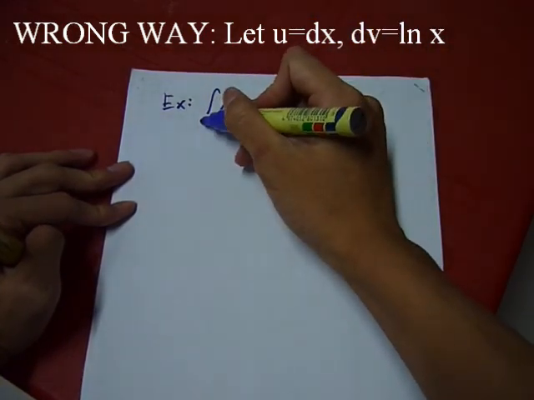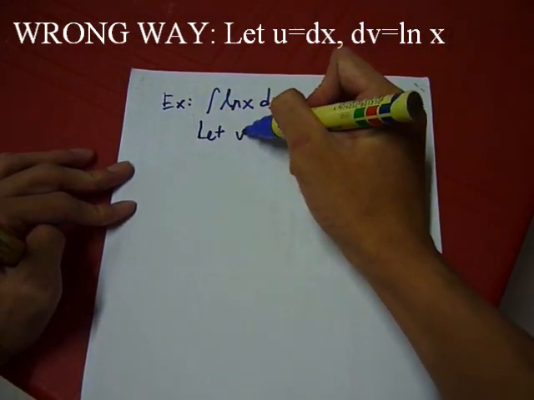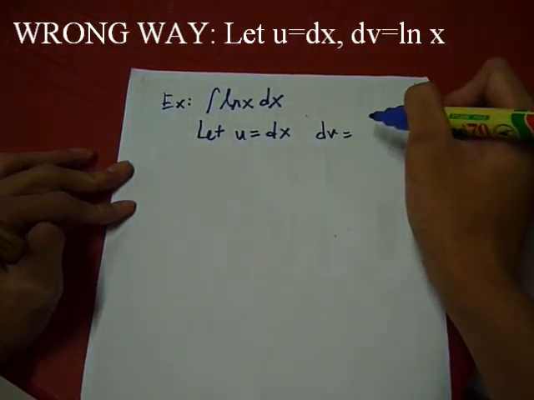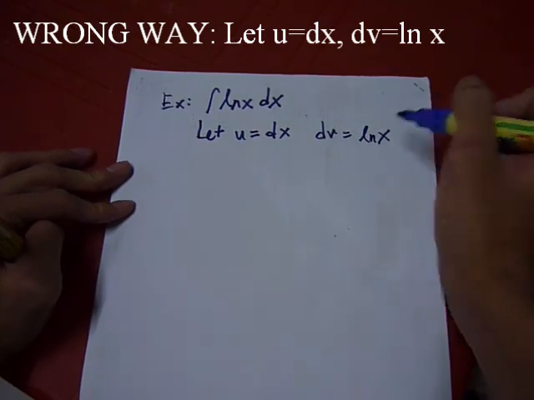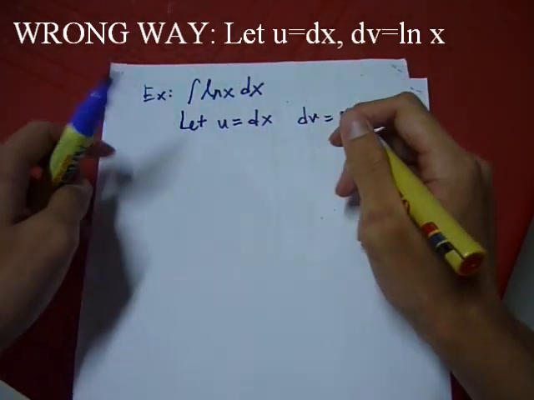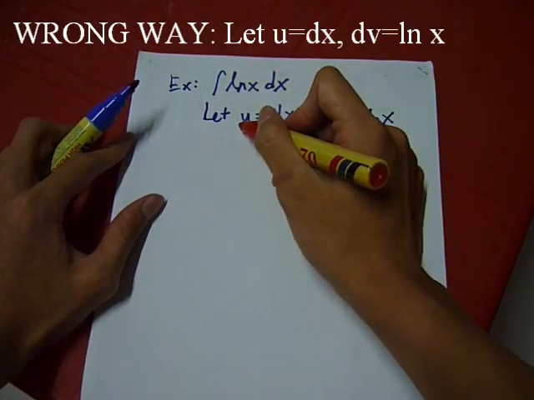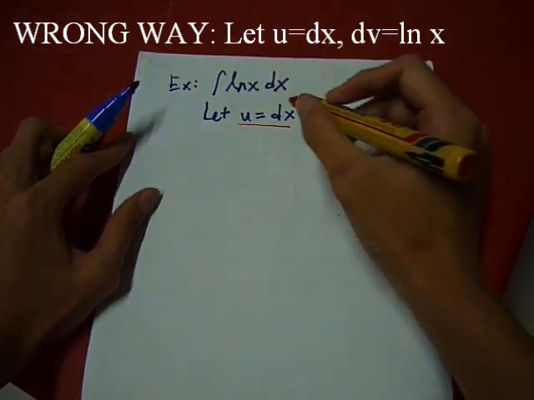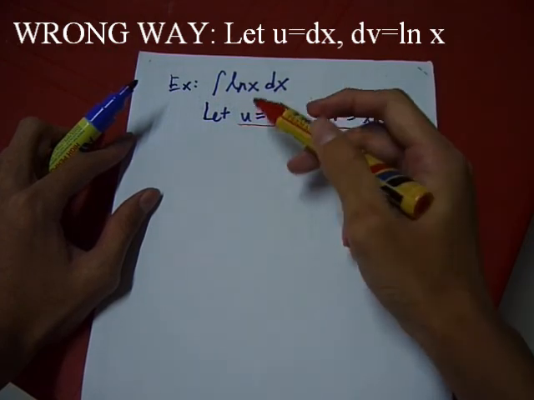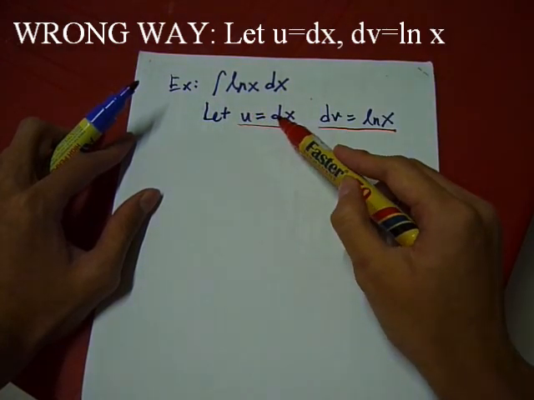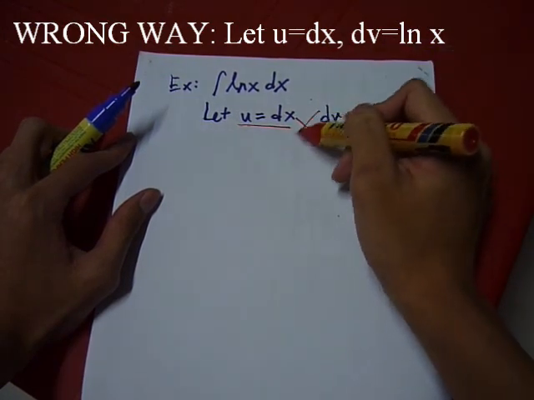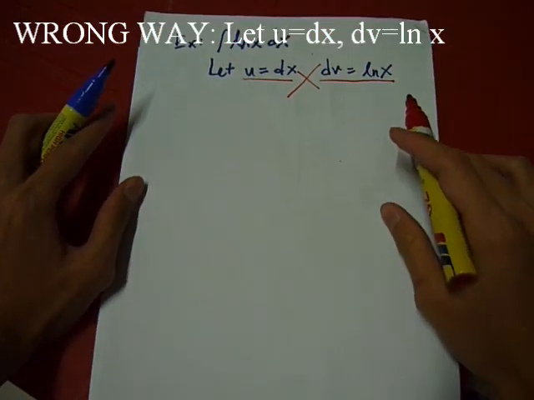If we substitute u equals dx and dv equals ln x, we are not able to differentiate u and integrate dv. So in this question, we are not able to solve it this way.